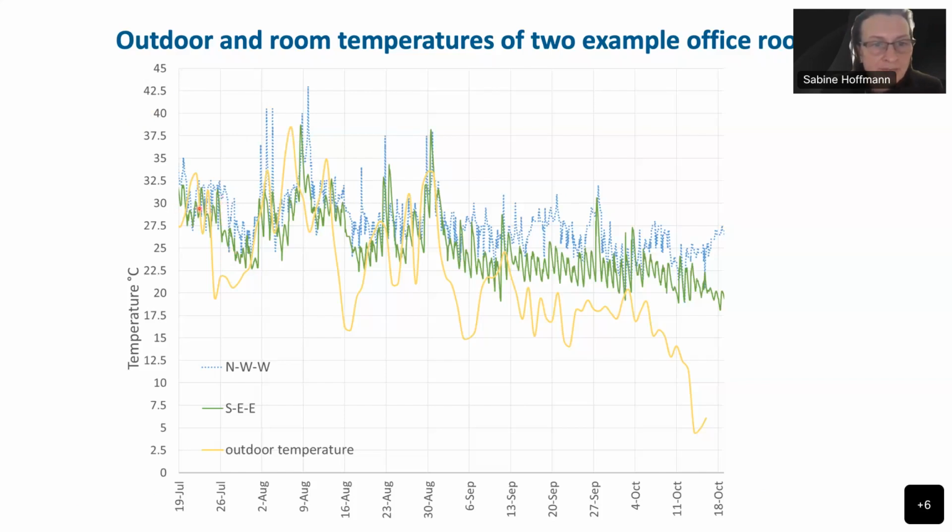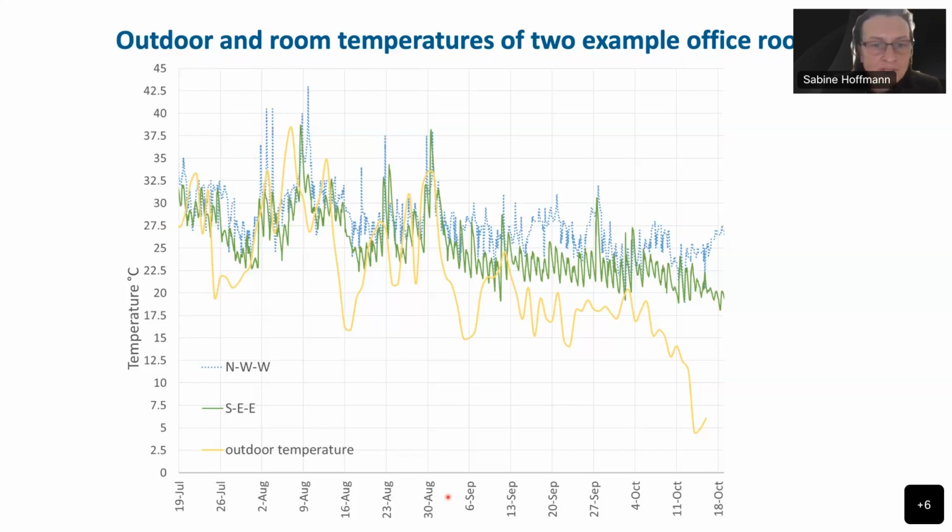And here you can see that very often the air temperature in the rooms was at 30 degrees or even beyond. Please ignore the couple of extreme peaks here. They occurred when the direct sun hit one of the temperature sensors, happened especially on the west facade. So these peaks were extreme. They were not correct, but even without these peaks, you can see there were high temperatures in the rooms.